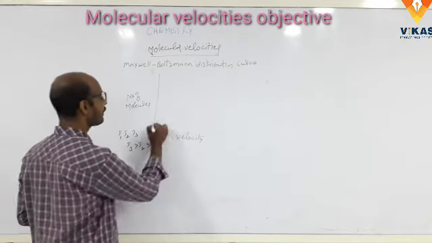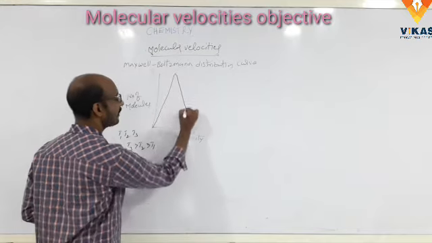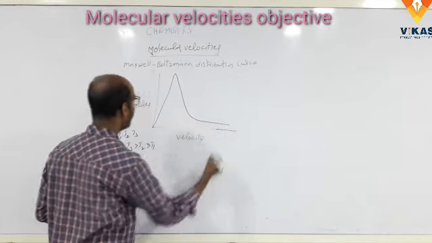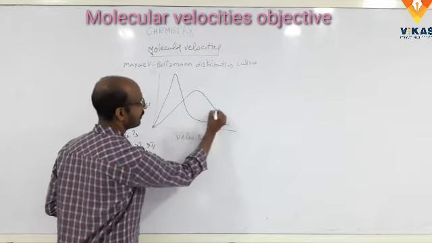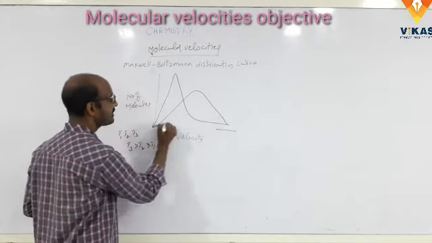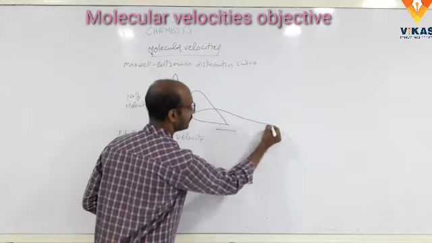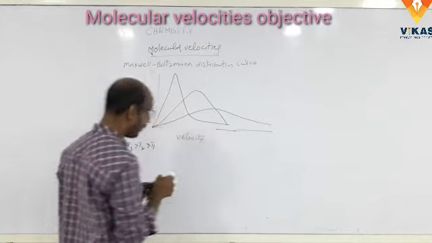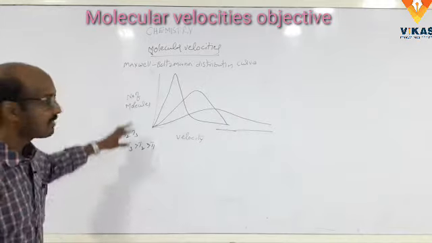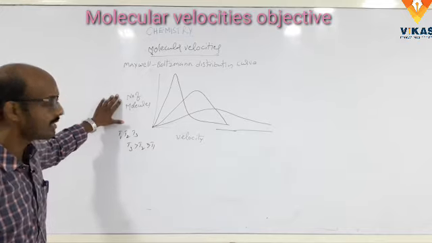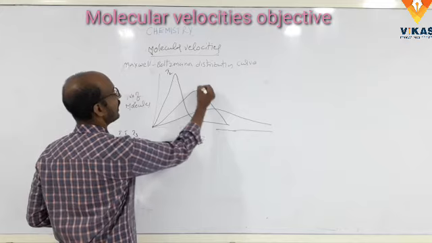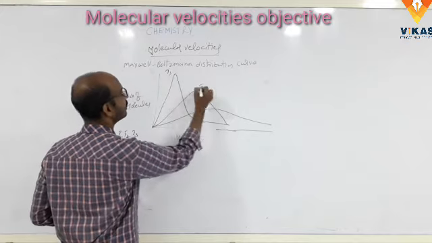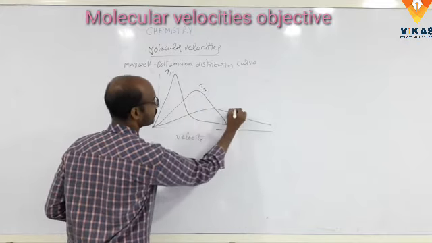So we draw the plot between number of molecules versus velocity at different temperatures, T1, T2 and T3.